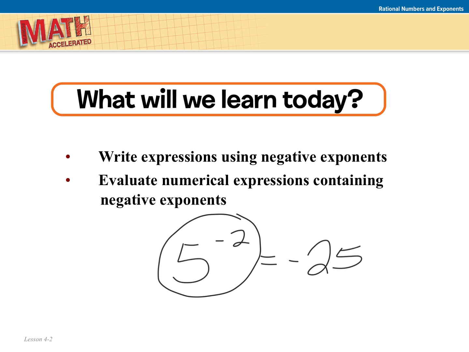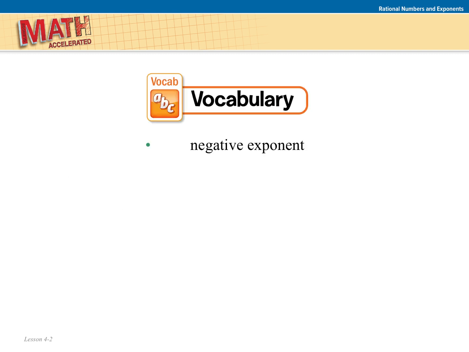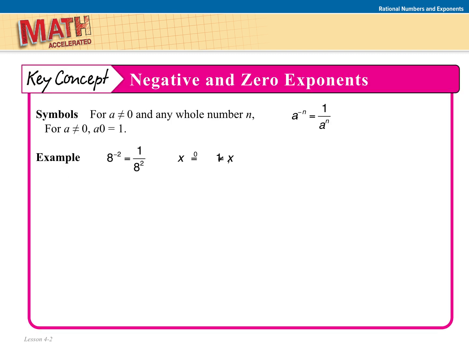So we need to learn ways that we can fix negative exponents to make them solvable. If we have 5 to the negative second power, to make that solvable, we just need to do the reciprocal.